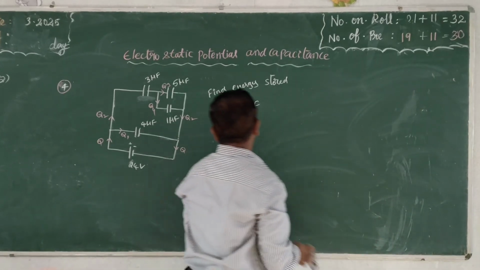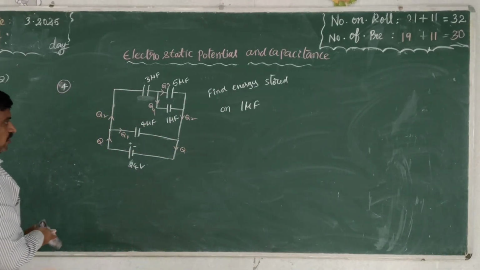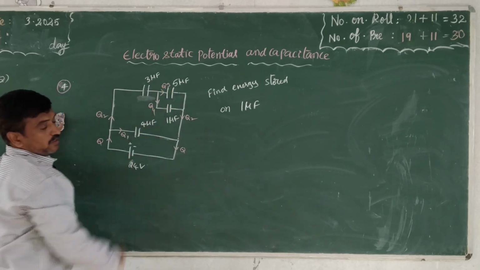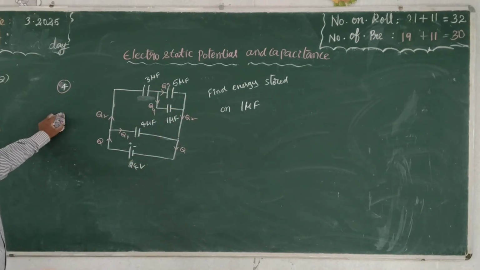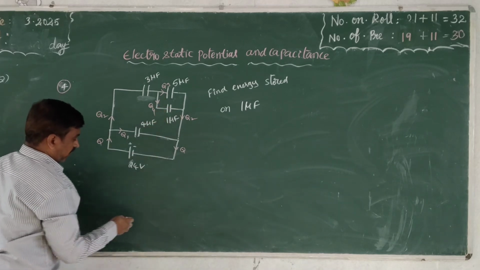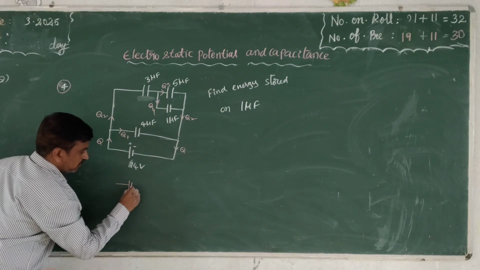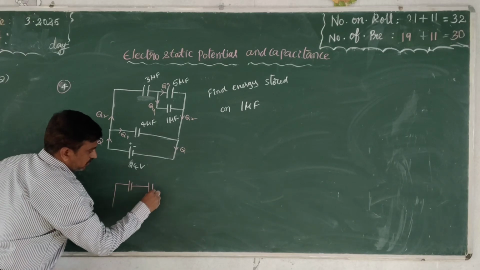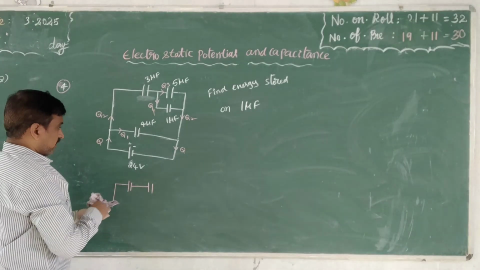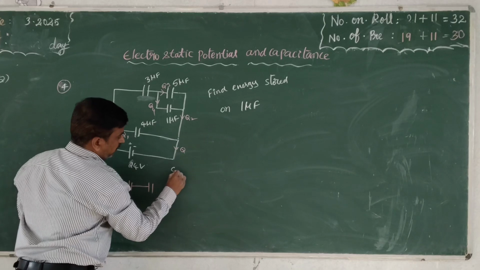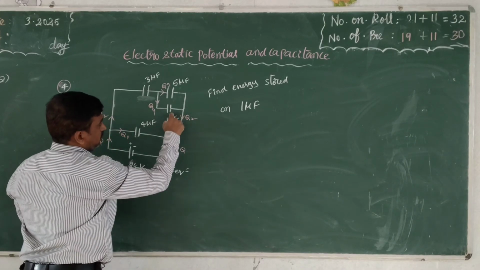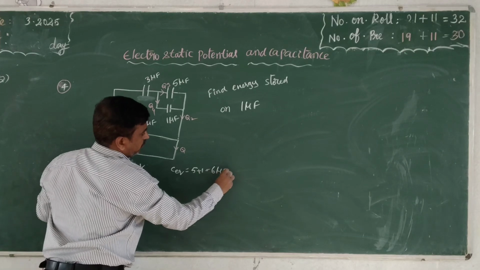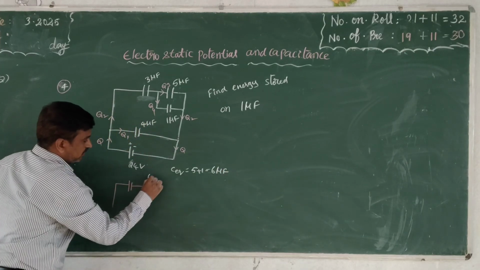See, somewhat small confusion. First we combine these, so we get the resultant capacitance. These two are parallel, so I write the circuit here. This combination combines, so I write C equivalent. C equivalent equal to 5 plus 1, that is 6 microfarads.